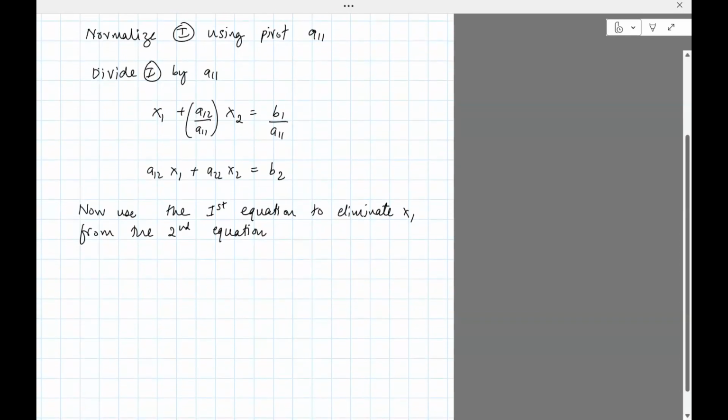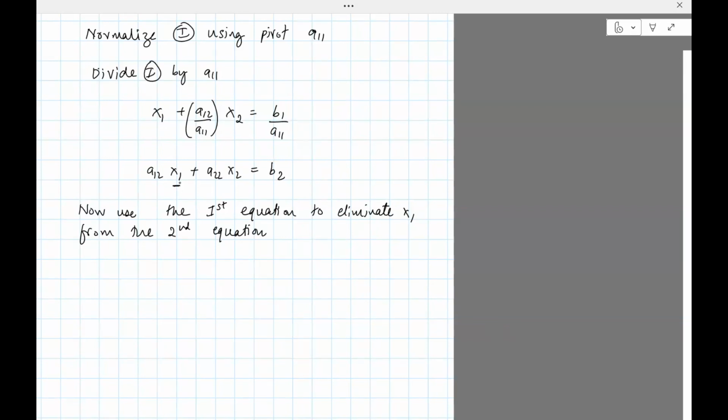So in this case, if I want to get rid of X1 in the second equation, all I need to do is just take the second equation and subtract A21 times the first equation.